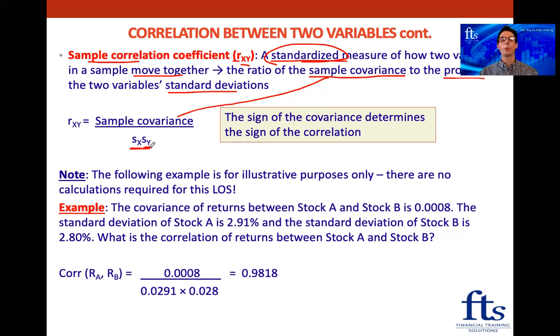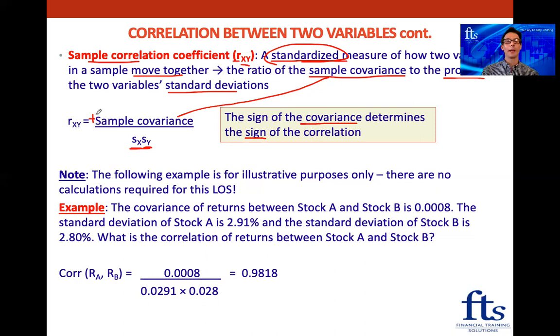So what's important for us to know is that the sign of the covariance from the previous slide determines what the sign is of the correlation. Because if this is a positive number, then the correlation is going to be a positive number.